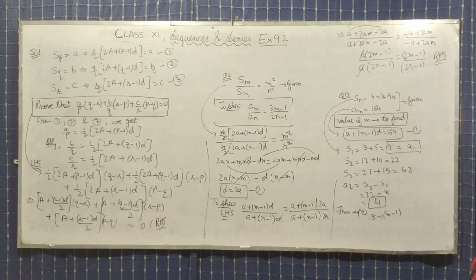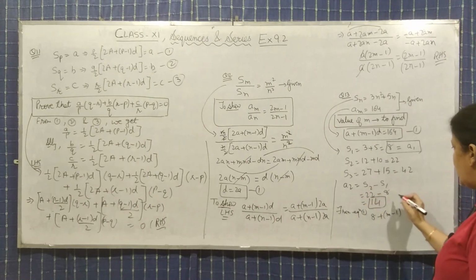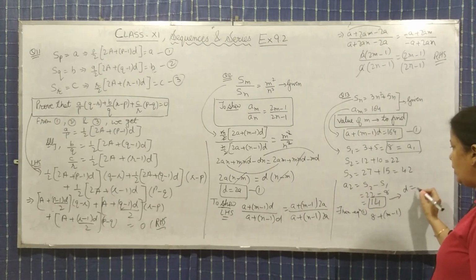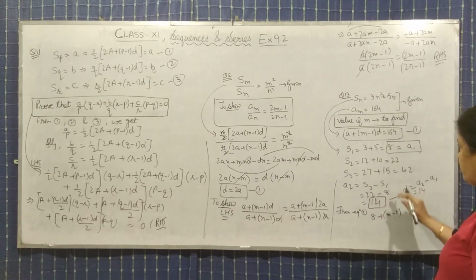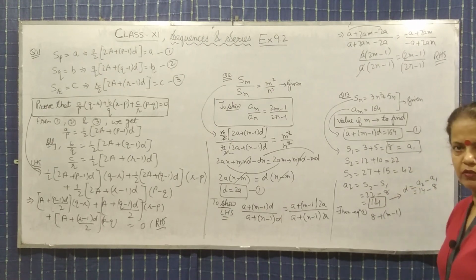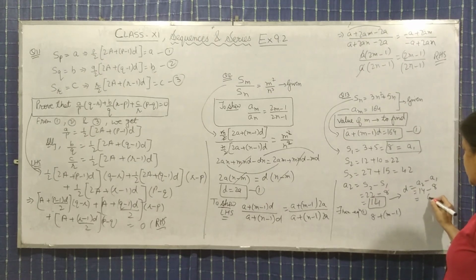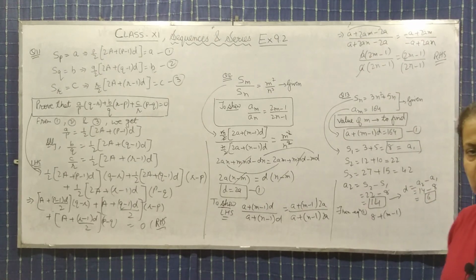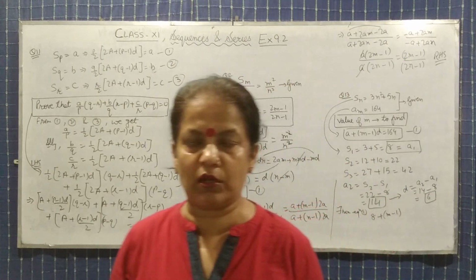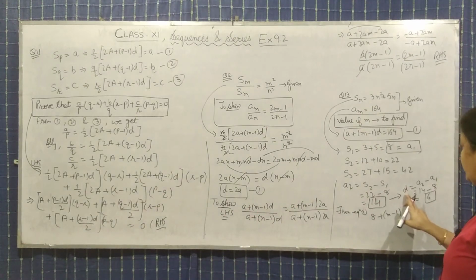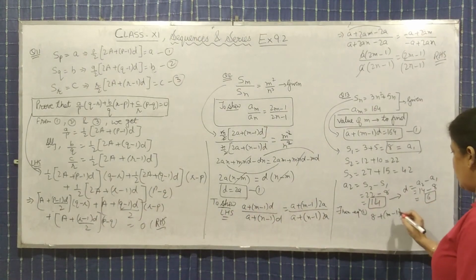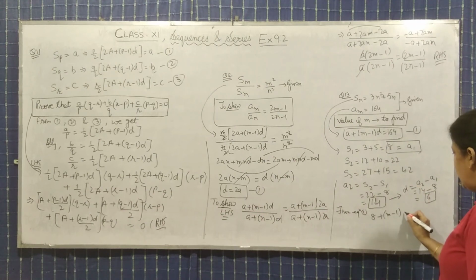What should be d? From here you will find out the common difference. D is A2 minus A1. So A2 is 14 minus A1, 8. So d is 6. So first we will find out A2 and A1, and then we will find out d. D is 6, so instead of d you will put 6.